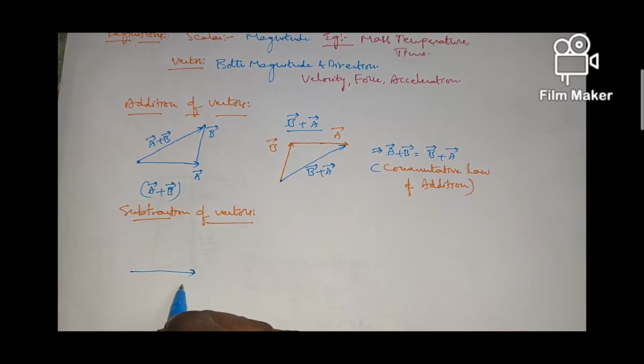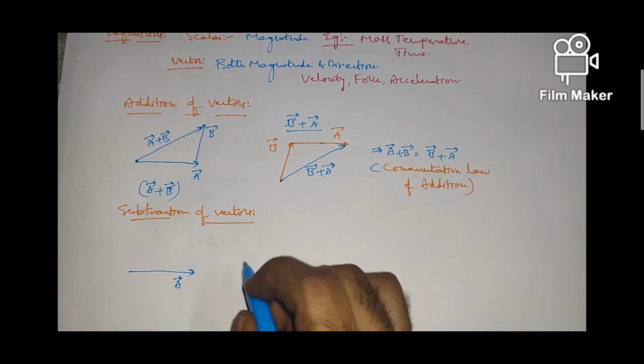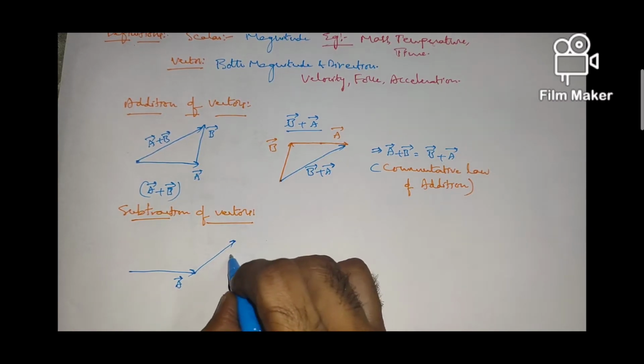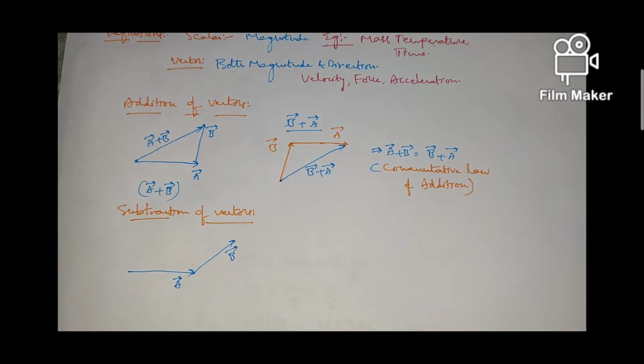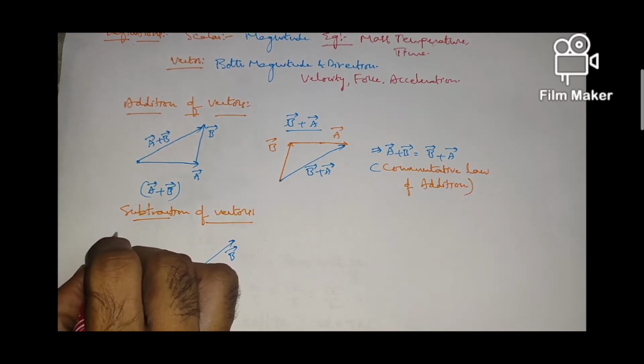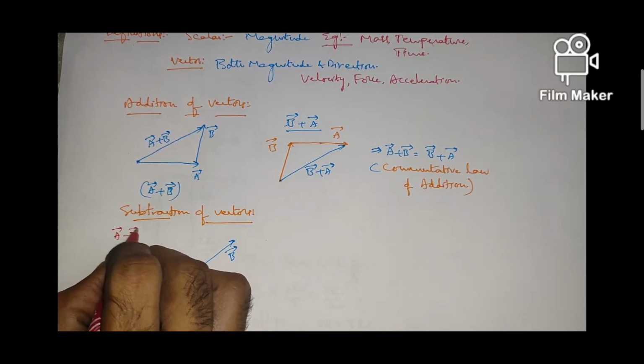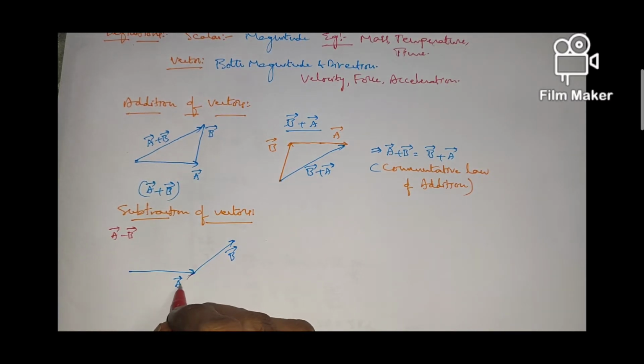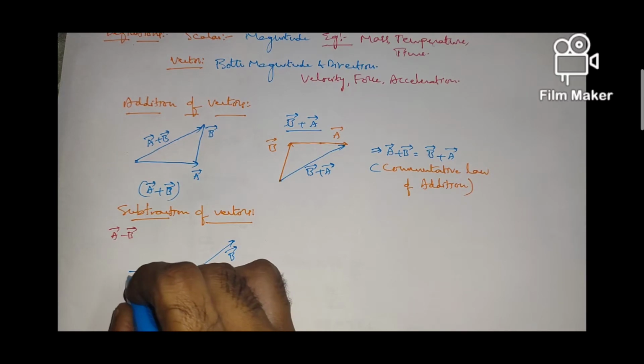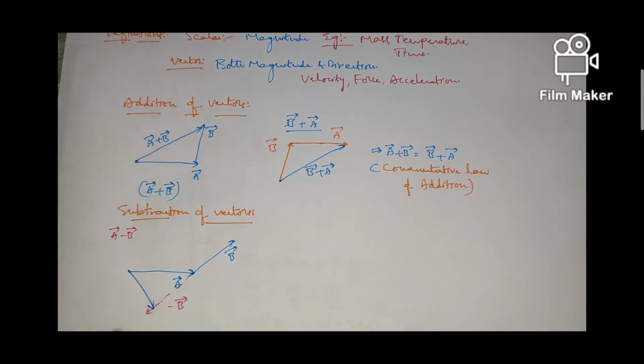Consider a bar in this direction and b bar, and a bar minus b bar is nothing but the addition of a bar plus minus b bar. In order to find out this, first we have to extend minus b bar, which will be 180 degrees out of phase with respect to b bar. And now the addition of a bar plus minus b bar will give us the resultant a bar minus b bar as shown here.